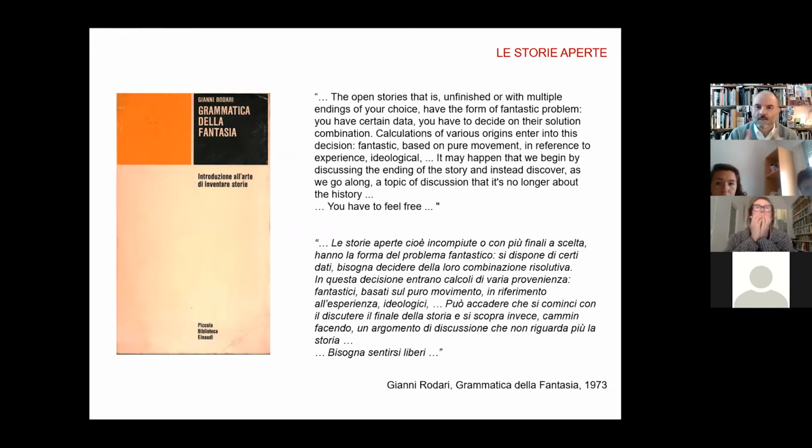So what does it mean, open stories? The open stories that is unfinished or with multiple endings. So open buildings are buildings that are not finished, but that it is possible to change them or make some change during time.